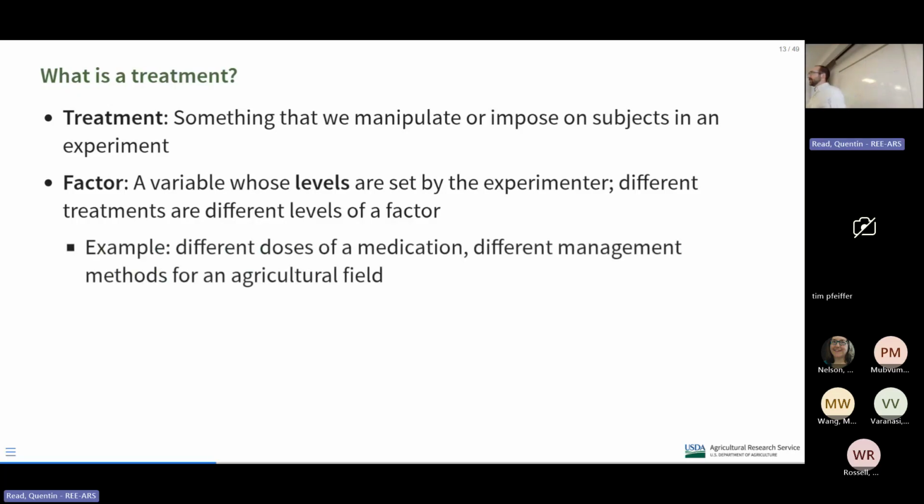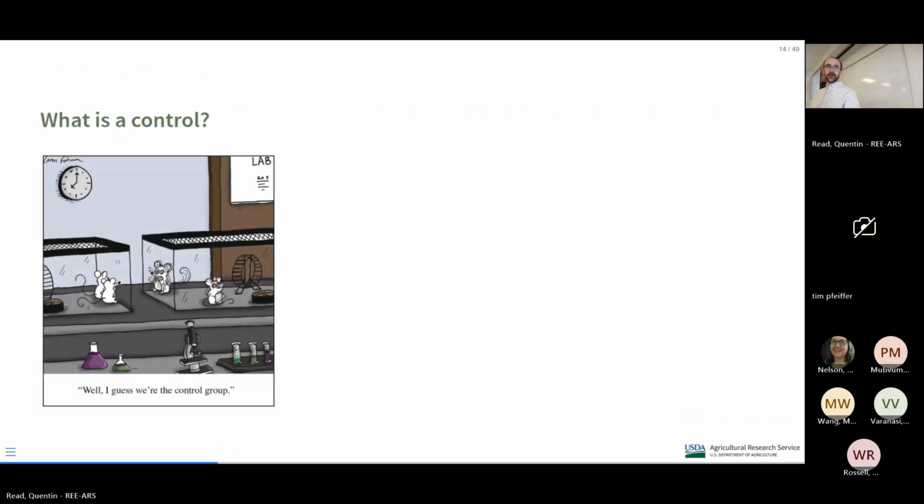Obviously, many different things could be factors. If medication is the factor, the different treatments would be different levels of dosage, or a management regime in an agronomic study could have different types of management.